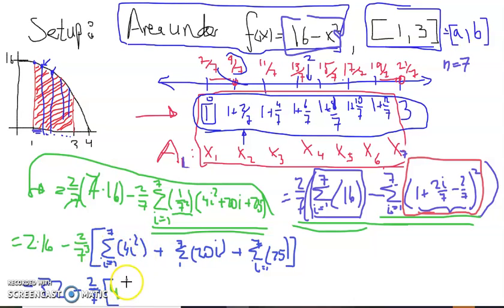Okay, and then we have the sum from 1 to 7 of i squared. Well, what is that? That's 7 times 7 plus 1, whoa, times 2 times 7 plus 1 all over 6. And this is 20. They bring the constant out.